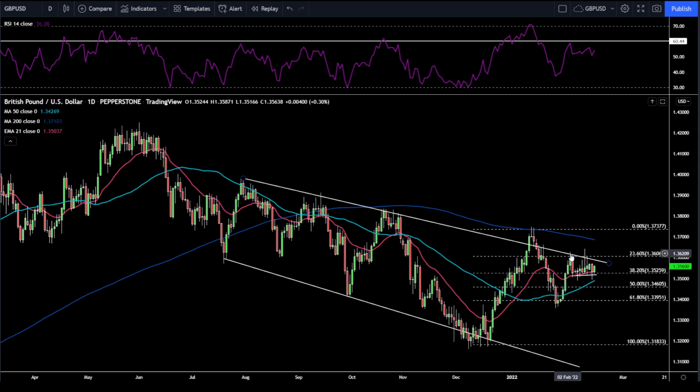We've got this upper trend line of the descending channel here. Above there, we've got the 200-day simple moving average. And below this little support line I've drawn in here, we've got the 50-day simple moving average, as well as the 50 and 61.8 Fibonacci levels. The RSI is getting quite close to the 60 level here, which, as we can see, I've drawn in, capped price peaks earlier. Be an interesting one to watch given its high beta to risk.